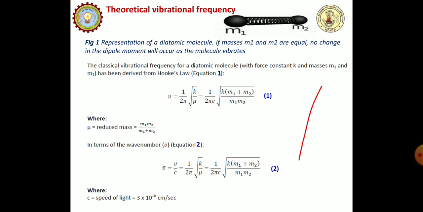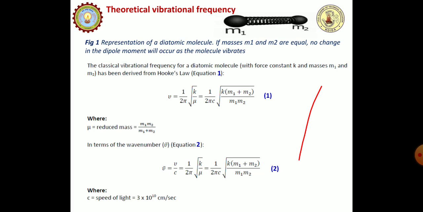If we substitute the reduced mass value, we get 1 by 2 pi c into the root of k into m1 plus m2 divided by m1 into m2, equation 1. If we measure the infrared spectrum in terms of wave number, mu bar is equal to mu divided by c, which gives 1 divided by 2 pi c root of k into m1 plus m2 divided by m1 into m2.